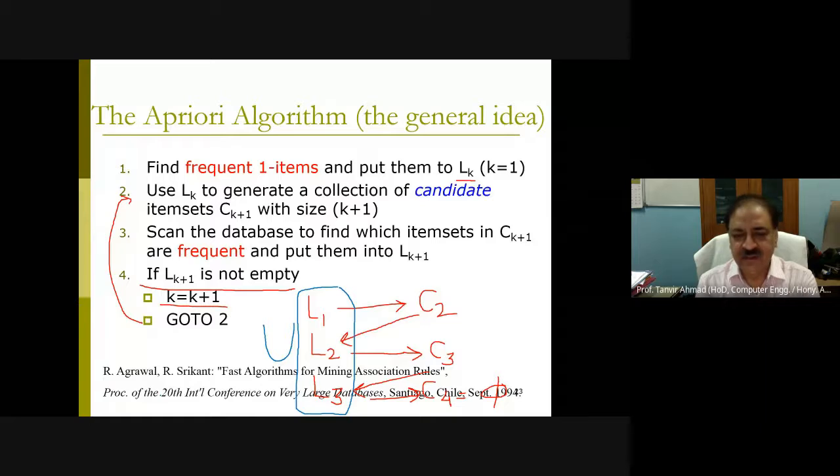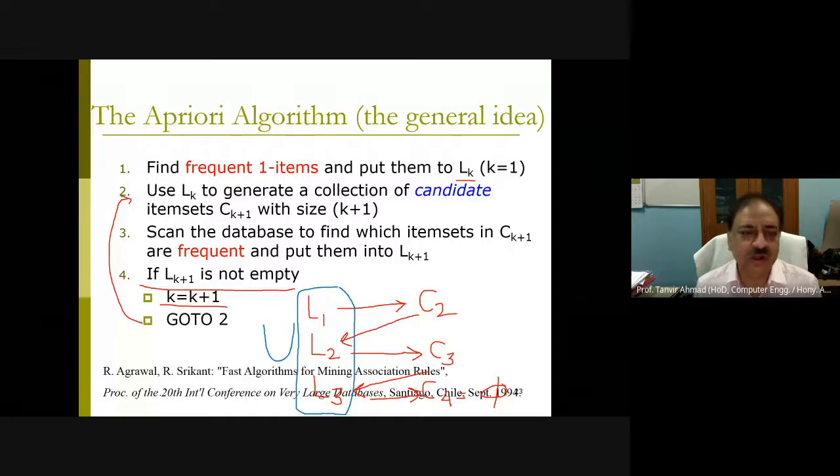That means it is nothing but the set of all one-itemsets, the set of all two-itemsets, and the set of all three-itemsets. In case you are not interested in L1, you just do L2 union L3. That means in the end I will get L1 union L2 union L3 dot dot dot L of k.